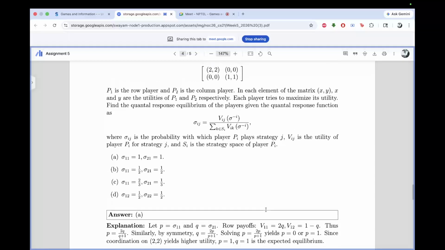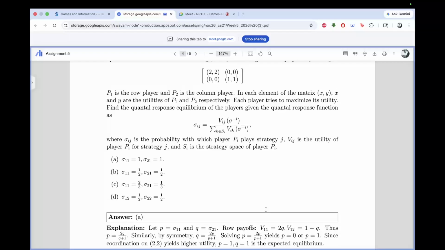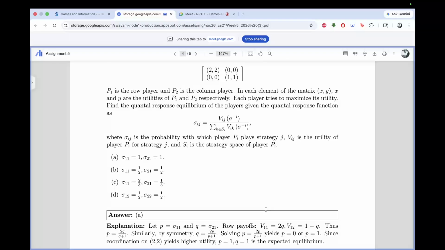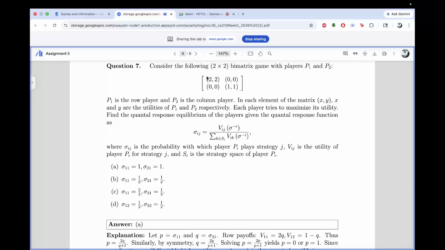V11 is the expected utility of player 1 when player 1 plays strategy 1. So player 1 is playing this strategy, so he's here. For him the utility is 2, and player 2 is playing this one with probability p and this one with probability 1 minus p. So this ultimately gives us V11 equal to 2 times q. That's exactly what is written here.